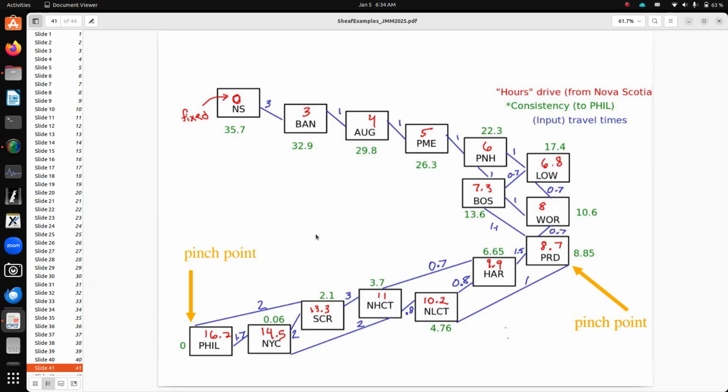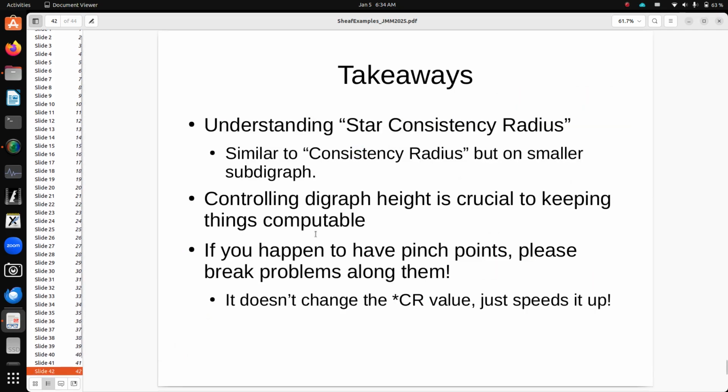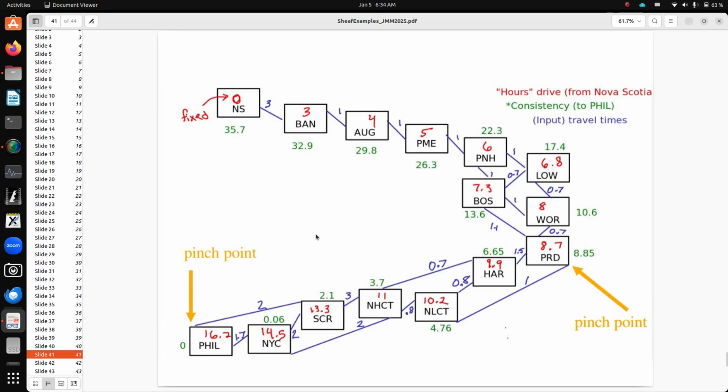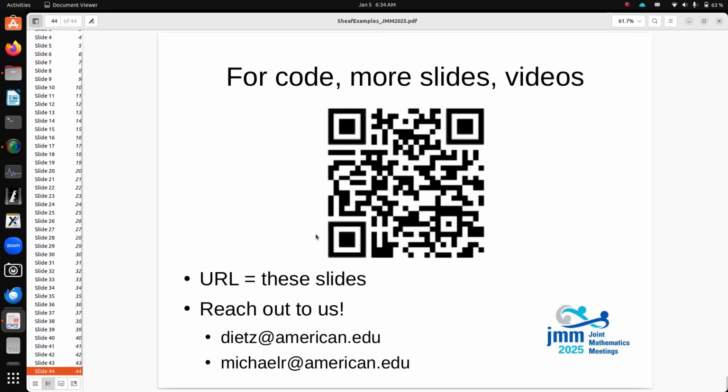Okay, so it's the height of the digraph that's causing this to blow up computationally, and it's not the number of nodes. So I wanted to kind of stress that, and if you get the slides, there's a longer explanation as to why that happens. Once you understand what the code is doing, it will be dreadfully obvious why you don't want tall digraphs. Okay, and so that's the end of that explanation.